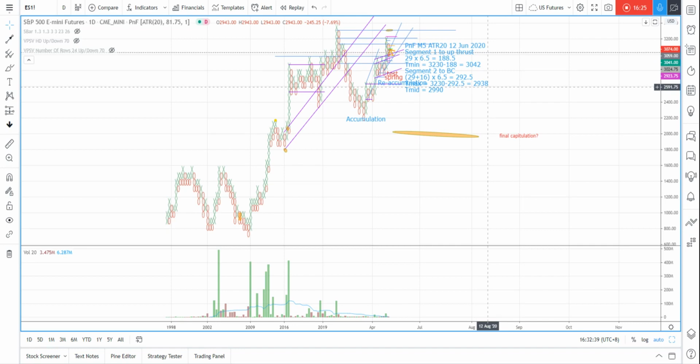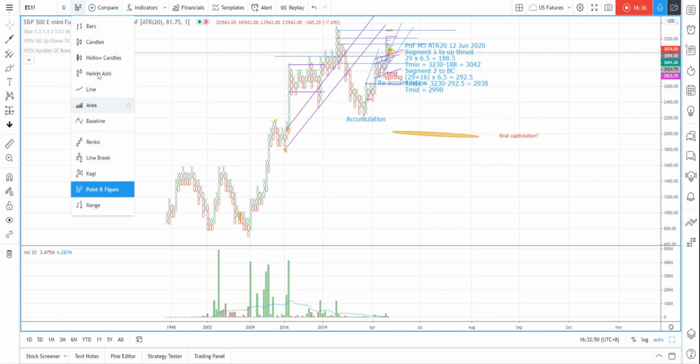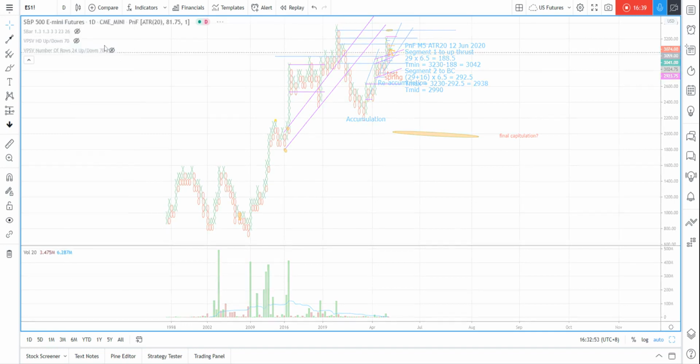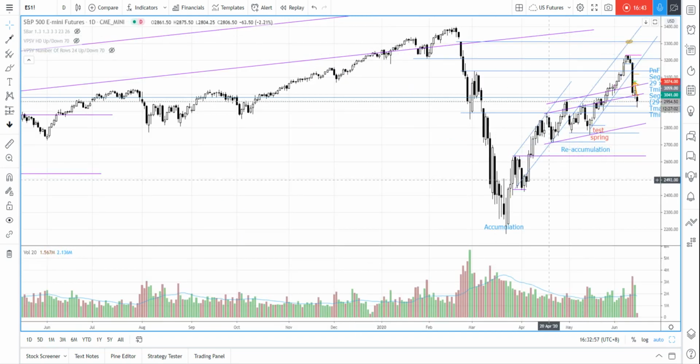I think it is down to around 2930. So definitely I think it has been fulfilled, but that doesn't mean it will definitely stop the down move. It just makes perfect sense and is very logical to have some kind of stopping action, especially if you look at the vertical chart here.